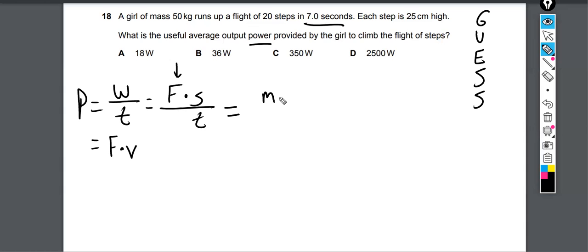So the force is the weight, mg. We can assume this is here on Earth, where g is 9.81 newtons per kilogram. The displacement. Does anybody know how we can determine the displacement?